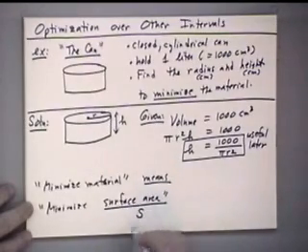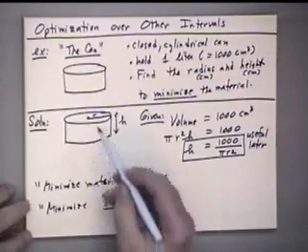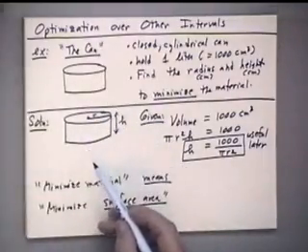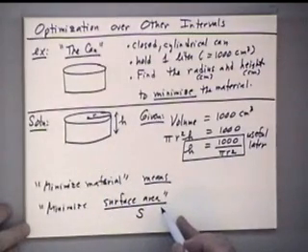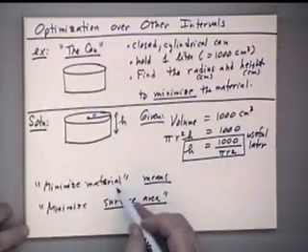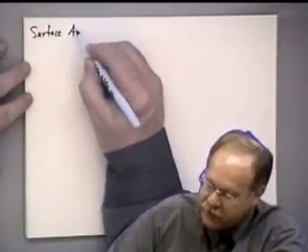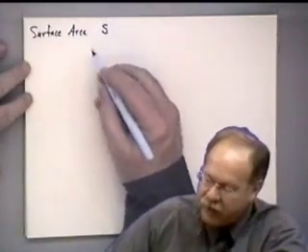And we'll go ahead and call this S. So the surface area would be the top, the bottom, and the part going around. All together, that will have an area, and we refer to that as the surface area of the cylinder. That's what we want to minimize here. That's what minimize the material means. So surface area is what we're interested in. That's what we're calling S.